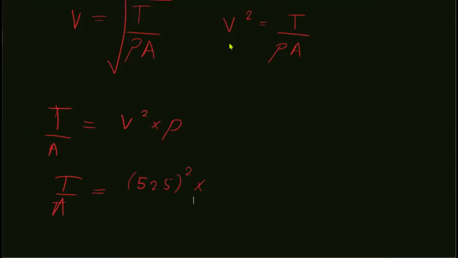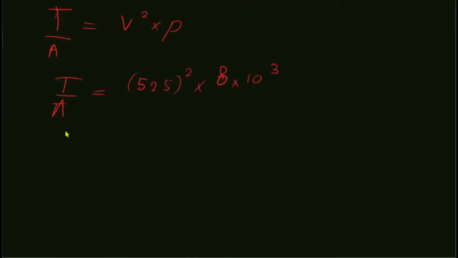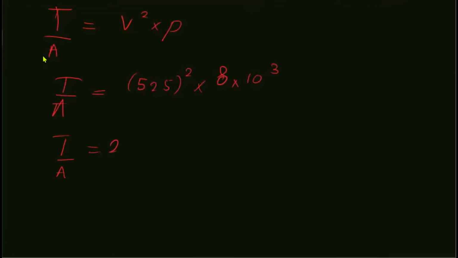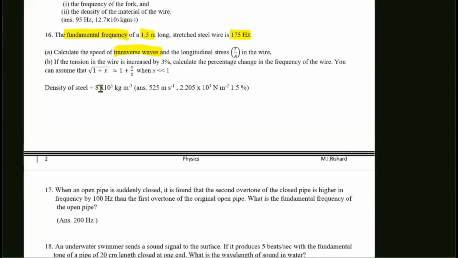If you do that, you get T over A equal to 2.205 into 10 to the power 3. So this would be the answer, in newtons per square meter.